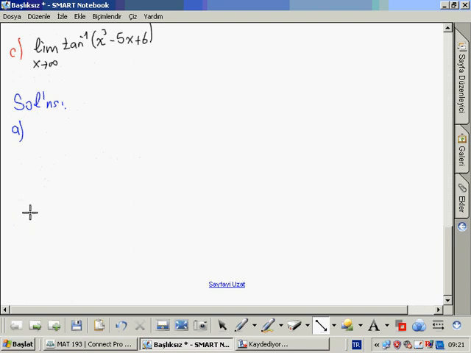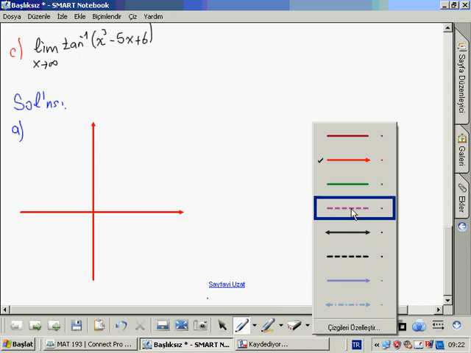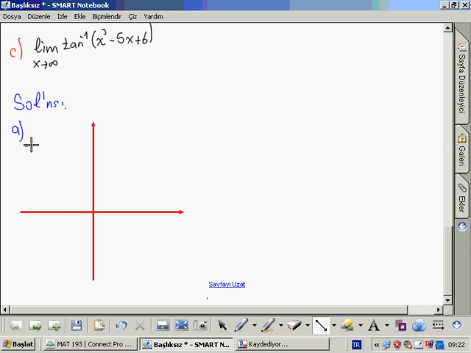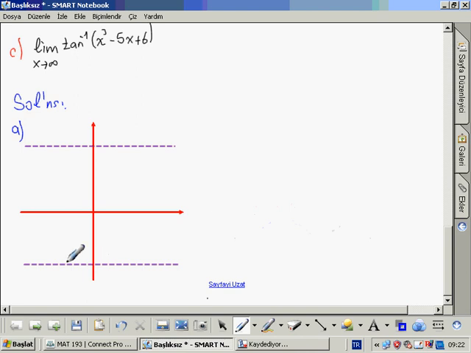Let me sketch the inverse tangent function. This graph has horizontal asymptotes at pi over 2 and minus pi over 2.